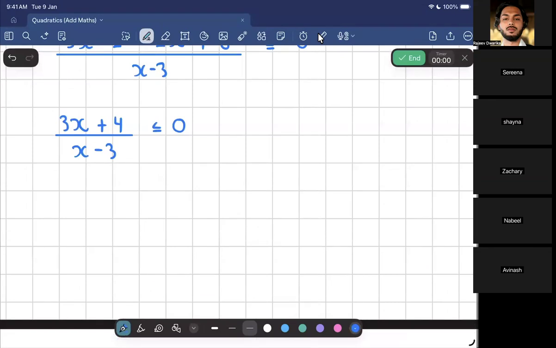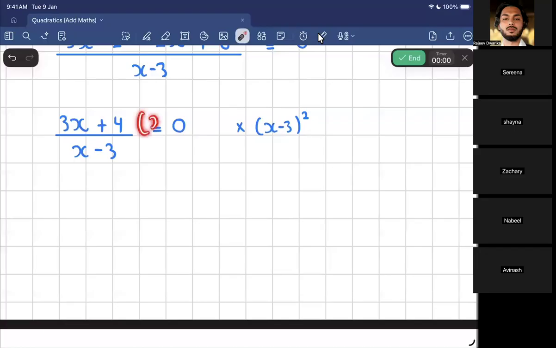Then times it by the x minus 3. Right, times it by x minus 3 or x minus 3 squared. X minus 3 squared. Yeah, x minus 3 squared. You okay with that? Then it cancels off. So x minus 3 squared would mean x minus 3 by x minus 3 on the left-hand side.